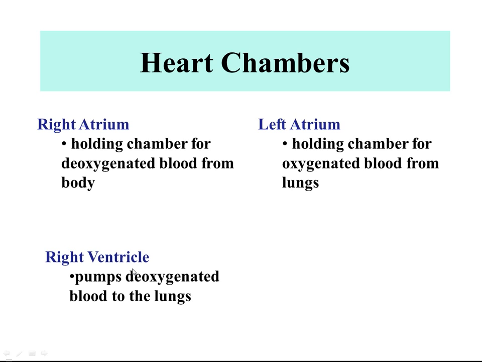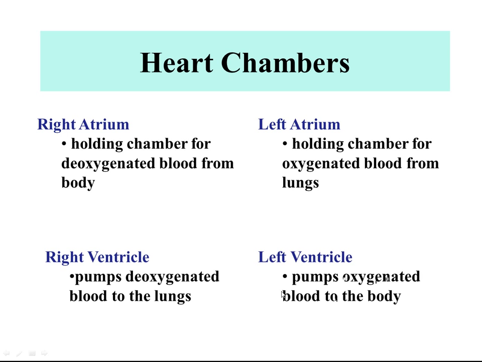The right ventricle is still dealing with oxygen poor blood. The blood moves from the right atrium to the right ventricle, and from the right ventricle it's sent to the lungs. The left atrium receives the blood from the lungs, so it's rich in oxygen, where that exchange of carbon dioxide and oxygen occurs. And then the left ventricle has the job of pumping the oxygen-rich blood to all the tissues of the body and to the heart tissue.